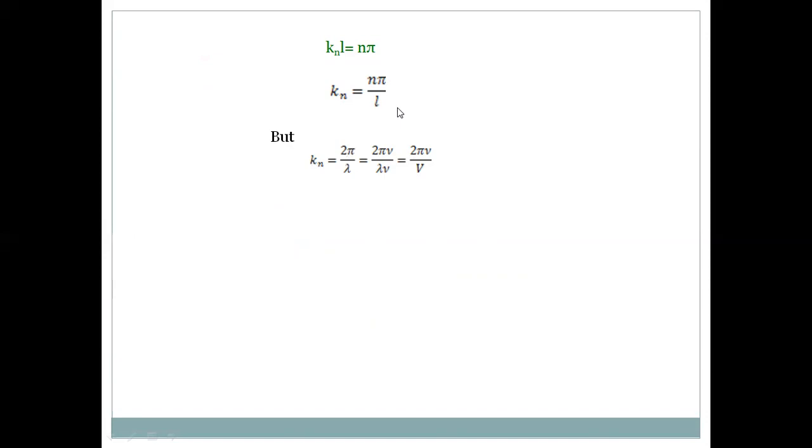So kn is equal to 2 pi nu by v. When substituted in the above equation, kn is equal to 2 pi nu by v is equal to n pi by l, where pi and pi cancel each other.